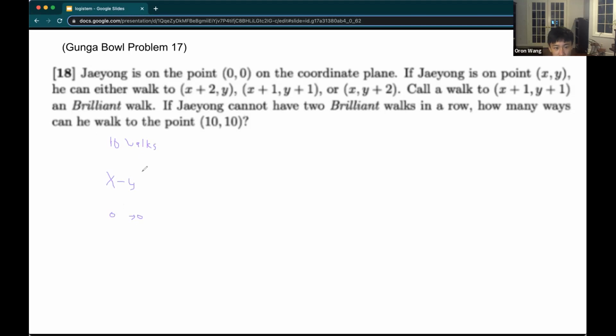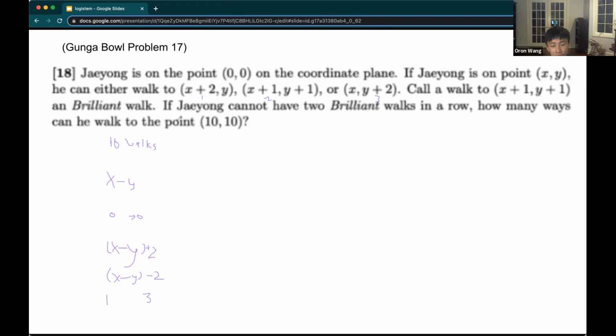The first block increases it by 2, making x minus y plus 2. And the third block decreases it by 2, making it x minus y minus 2. And the second block leaves it unchanged. Since it goes from 0 to 0, we have the same number of first blocks and third blocks. And now it can be helpful to label these walks by numbers 1, 2, 3.